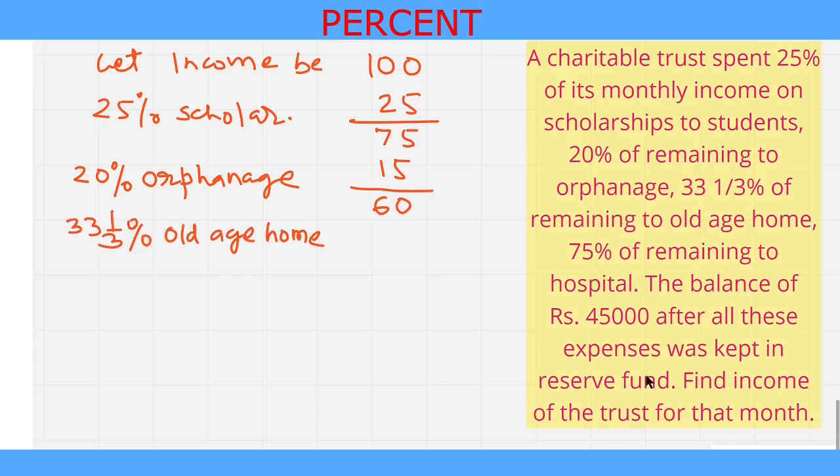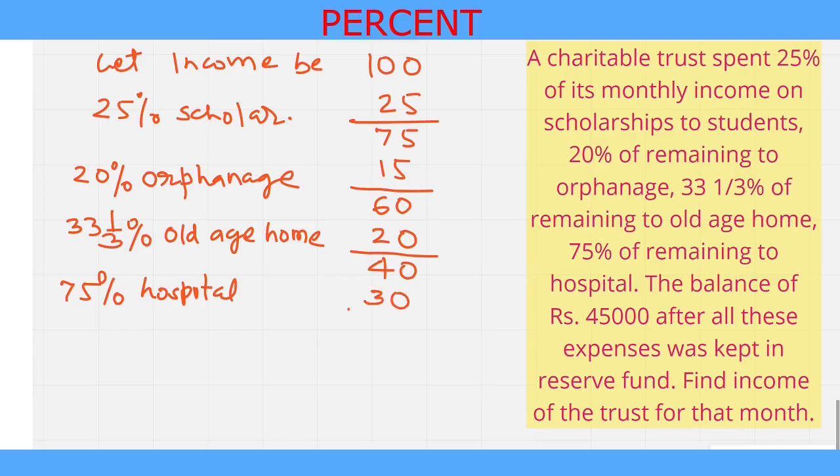33 and 1/3% of the remaining was given to old age home, and 33 and 1/3% is 1/3, and 1/3 of 60 is 20. So on subtracting 20 from 60 we get 40, and 75% of the remaining is given to hospital. So 75% is 3/4, and 3/4 of 40 is 30.